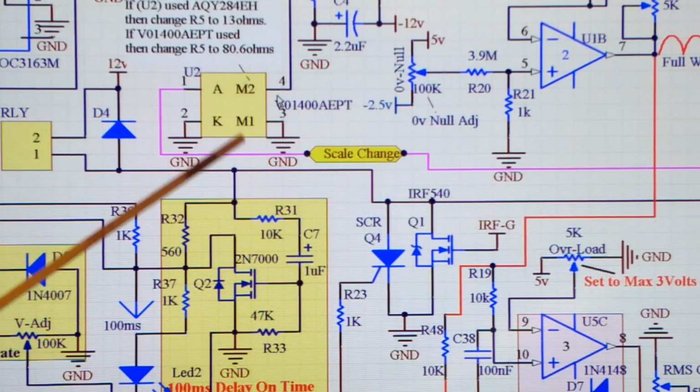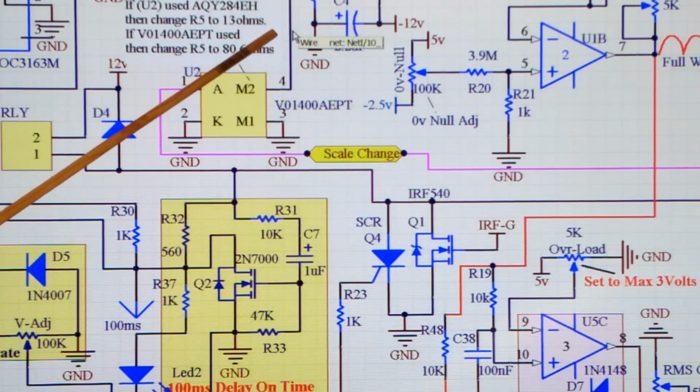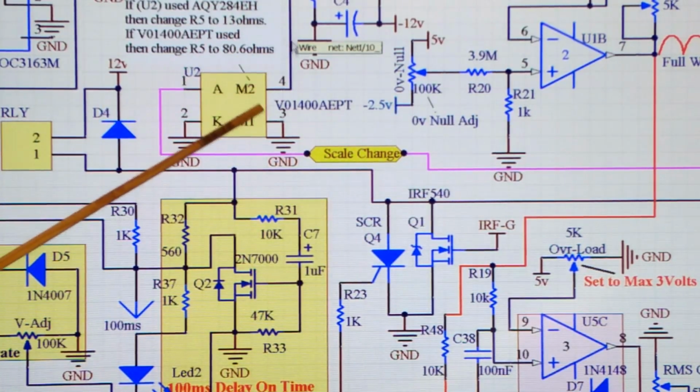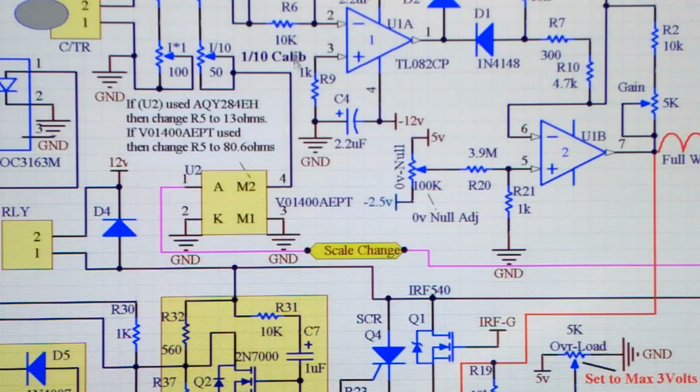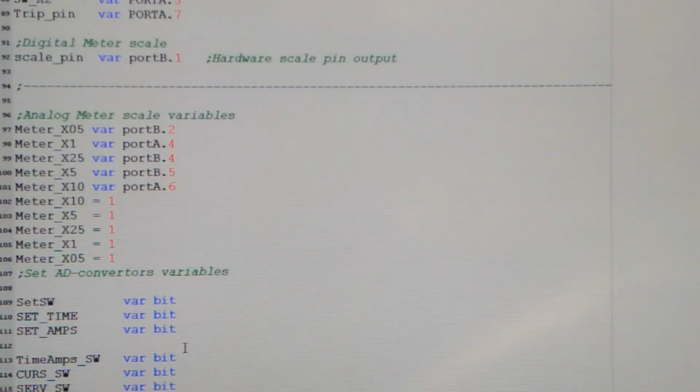It's a dual MOSFET to be able to send both positive wave and negative wave to ground of the scale input. Go back to the software. Okay.